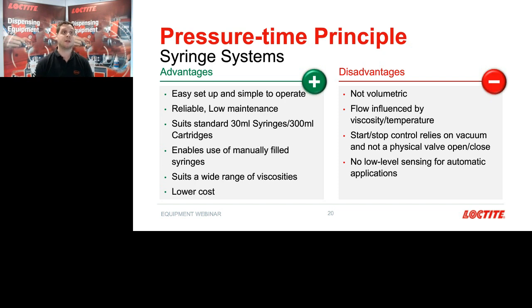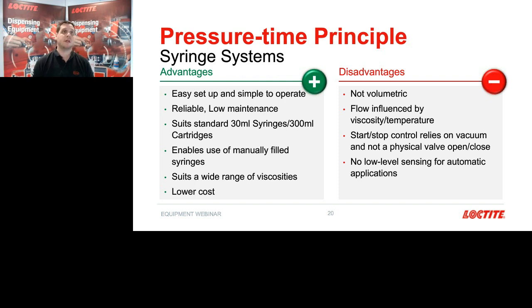As already stated, they suit standard syringes and 300ml cartridges. And you don't necessarily have to have a pre-filled syringe. You could manually fill your own syringe, attach it to our unit with an adapter, and then you get the controlled dispensing from your manually filled syringe. It will dispense a wide range of viscosities, and again, this unit is generally lower cost.